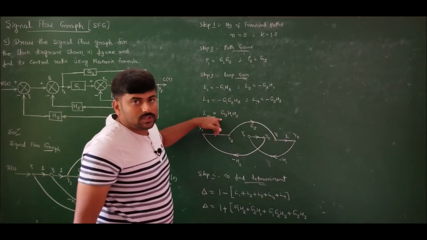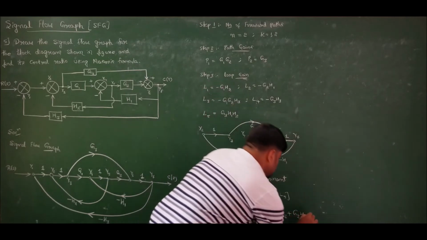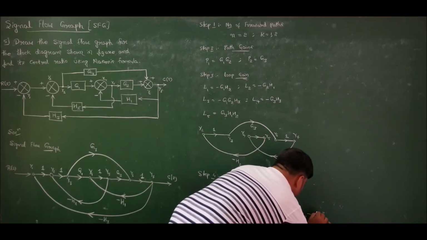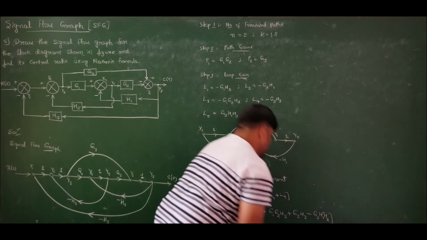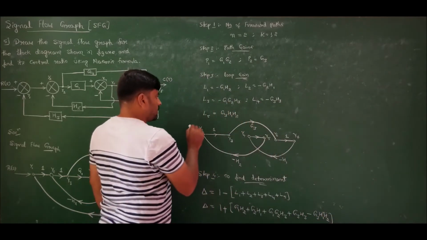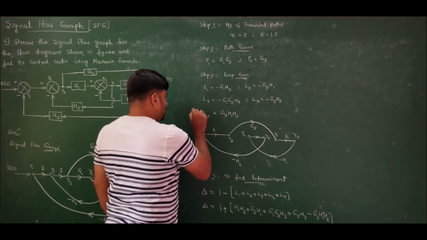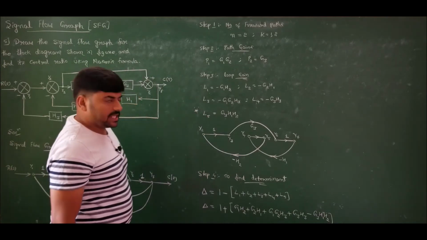Since here we have a positive sign, I should introduce negative, hence it is minus G3 H1 H2. Kindly mark this loop as a very important one, which is a bit trickier.